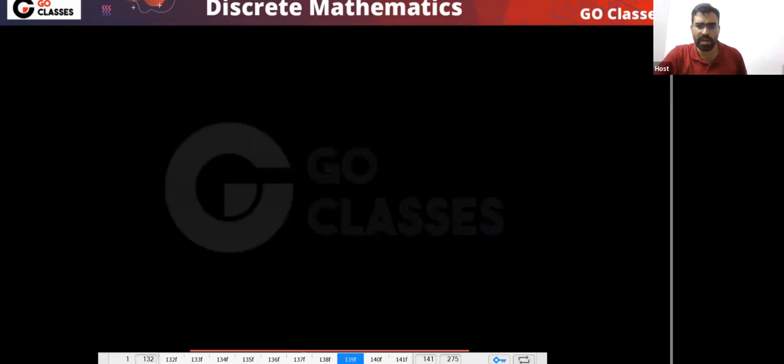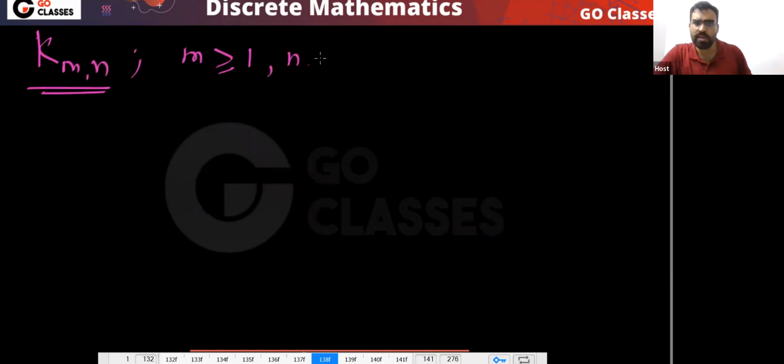Tell me how many edges you have in this complete bipartite graph. Let's do the complete analysis of the complete bipartite graph. Let's assume M is greater than or equal to 1, N is greater than or equal to 1. First tell me the number of vertices.